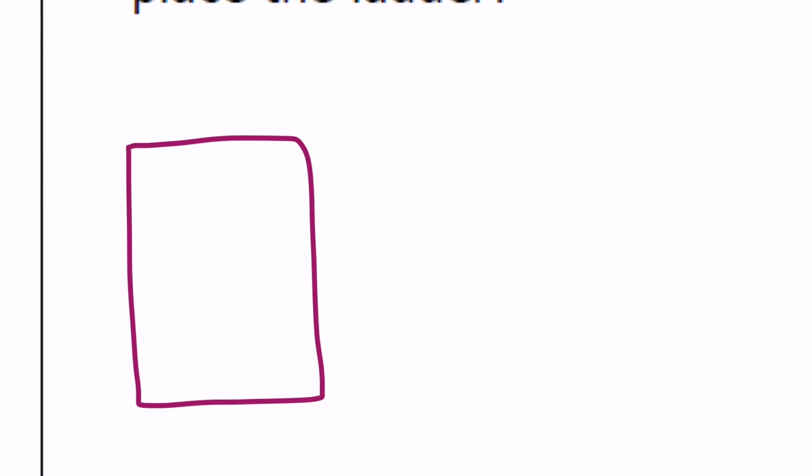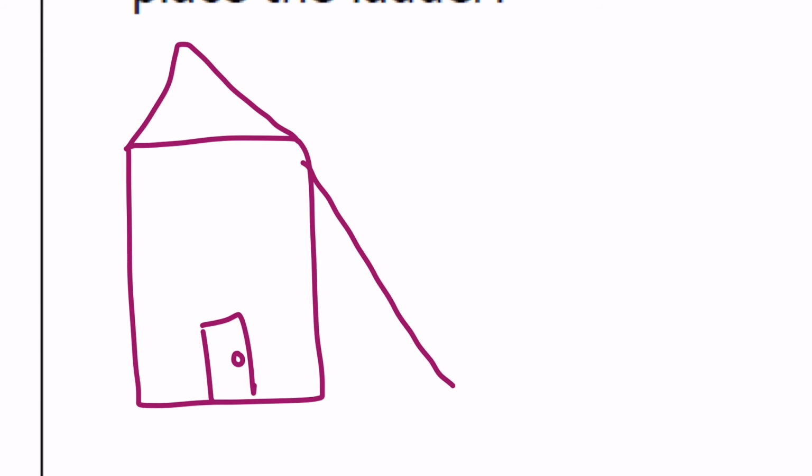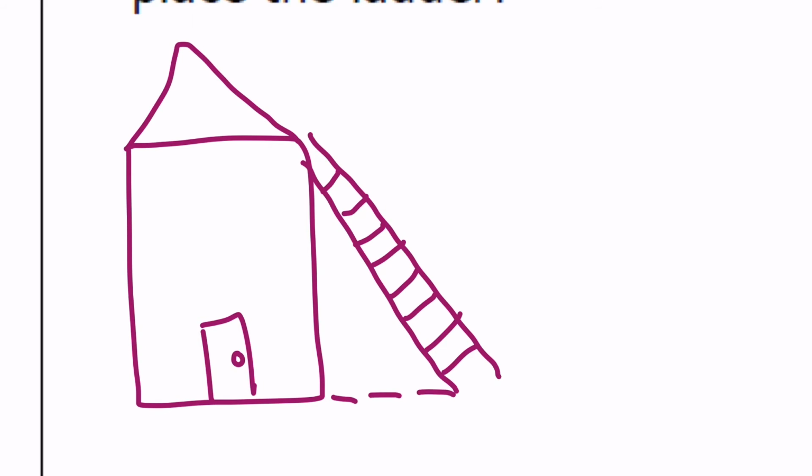All right, I'm going to draw my house, and then I need to draw my ladder. So I am trying to find how far from the base of the house that ladder is sitting. It is a 12-foot ladder, so I know that's how long it is, and it forms an angle with the ground that is 68 degrees.